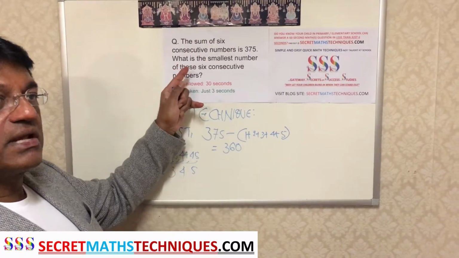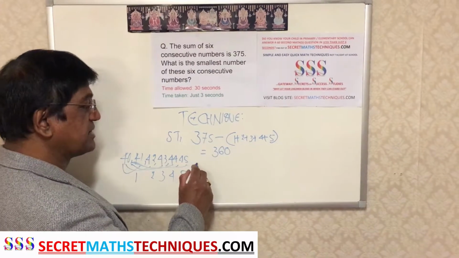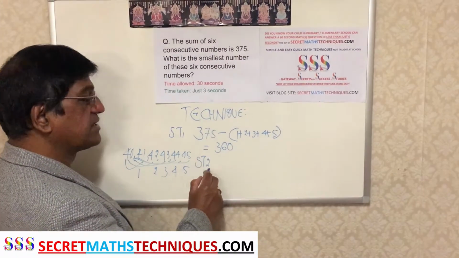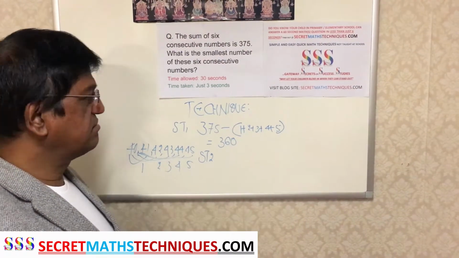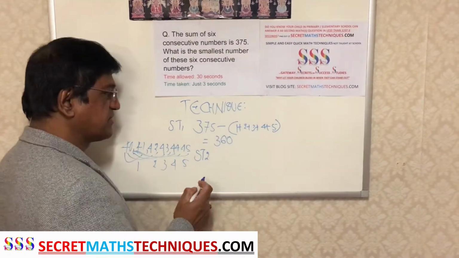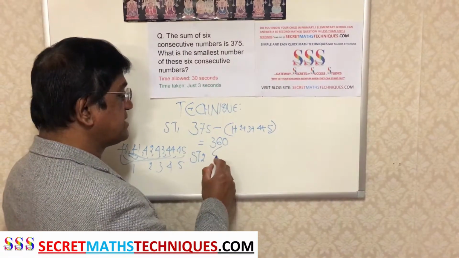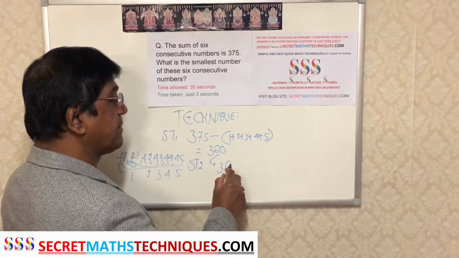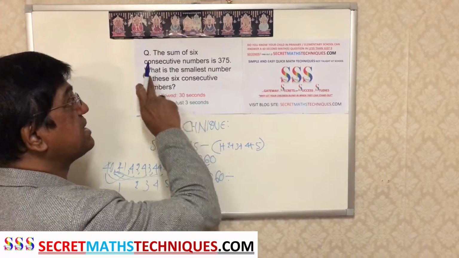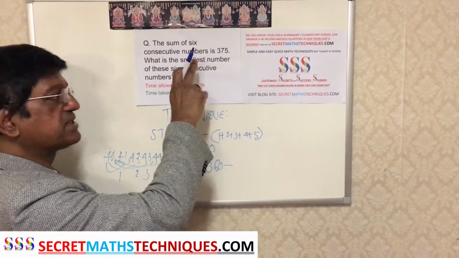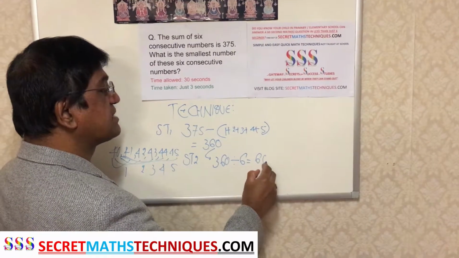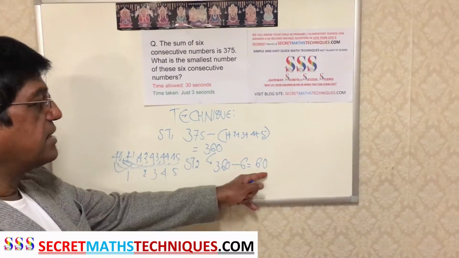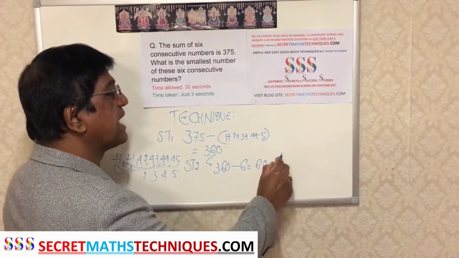What's the smallest number? I told you that I can do this in just 2 simple steps. Take this 360 here and divide it by the number of consecutive numbers, which is 6, and I'm going to get the answer of 60. And your answer itself is that 60.